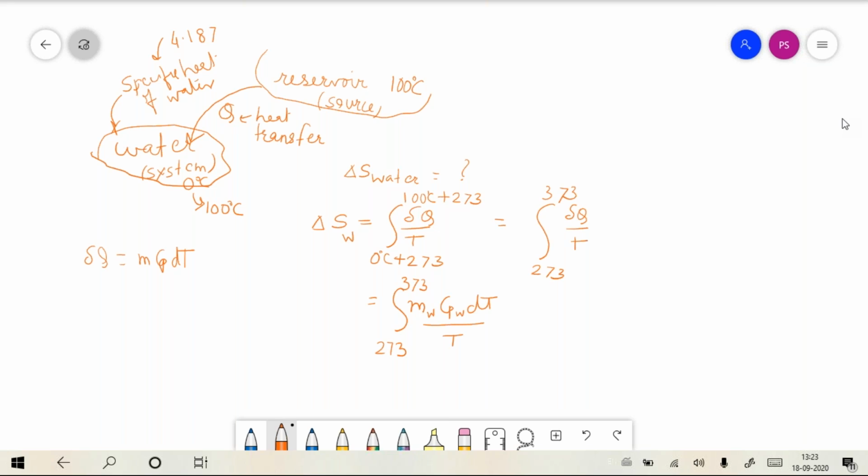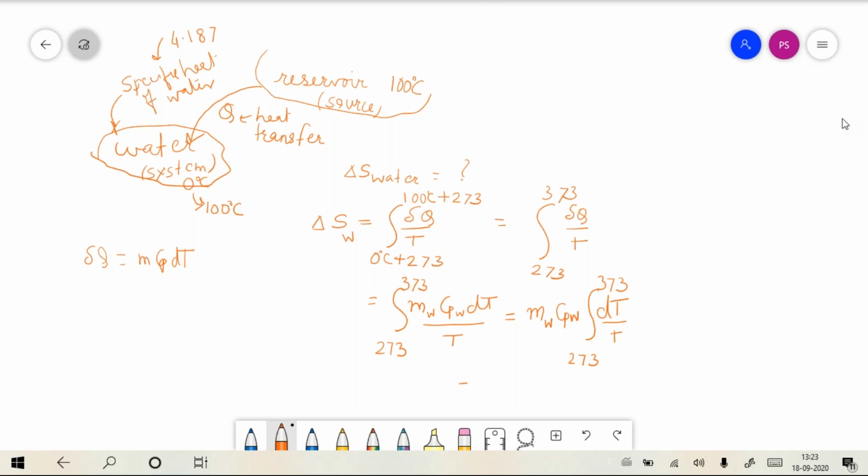So we need to integrate this now. Mass of water is constant, that is mw, and it is given as 1 kg. Cp of water is also constant. Integral of dT by T from 273 to 373.